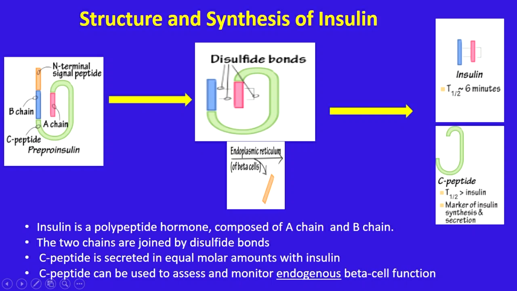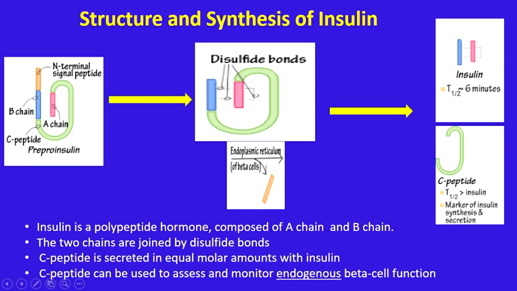However, insulin stays in the blood for only around 6 minutes before breaking down. Because insulin and C-peptide are produced in equal amounts, we can use C-peptide to assess and monitor endogenous beta cell function, right?